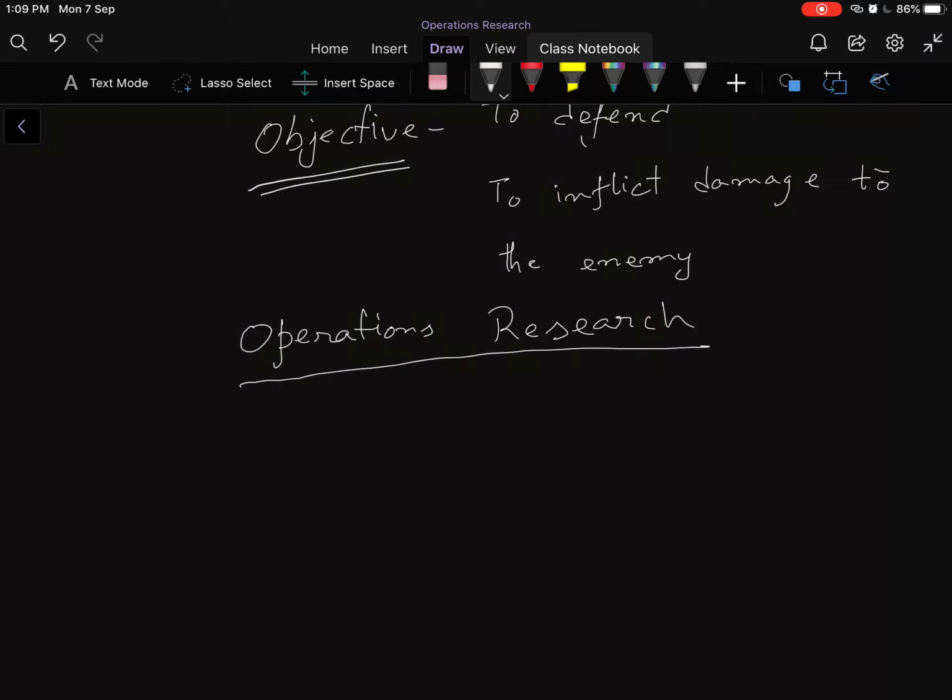Operational research helps the person or the organization who is using this subject to attain its objective and to realize that its resources are limited. So there is the application field where operational research is applied.